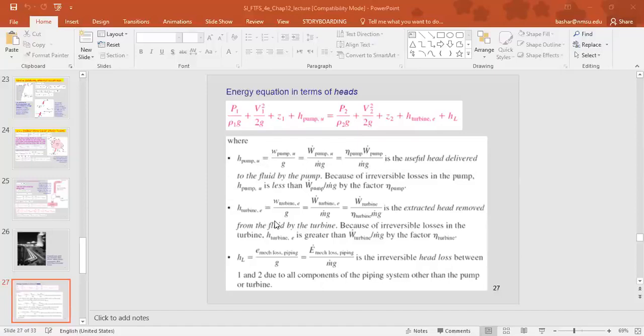Similarly, the extracted turbine head and its relation with the specific extracted turbine work, the extracted turbine power, and the turbine shaft power are also shown here. So the pump power shown here represents the shaft input power to the pump, while the turbine power term here is representing the shaft output power from the turbine.